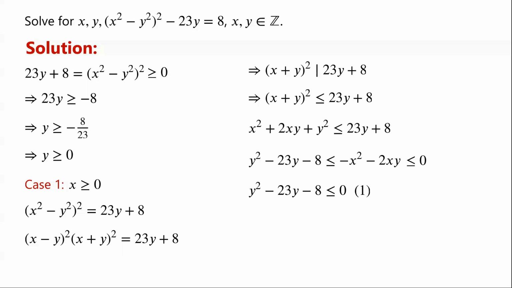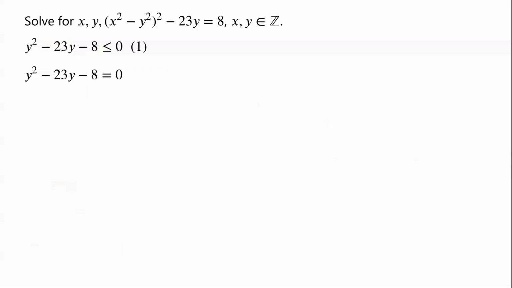To find the possible range of y, we consider the equation y² − 23y − 8 = 0. This is a quadratic equation, so we can work out y by using the quadratic formula: y = (−b ± √(b² − 4ac)) / 2a, where a = 1, b = −23, and c = −8.